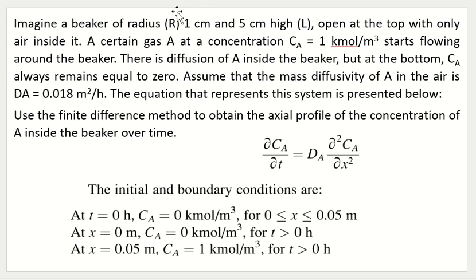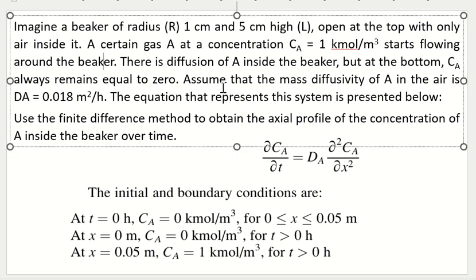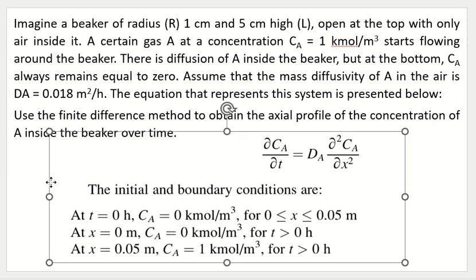Imagine a beaker of radius r, 1 centimeter, and 5 centimeter high, open at the top with only air inside it. A certain gas A at a concentration Ca equal to 1 kilomole per meter cube starts flowing around the beaker. There's diffusion of A inside the beaker, but at the bottom Ca always remains equal to 0.